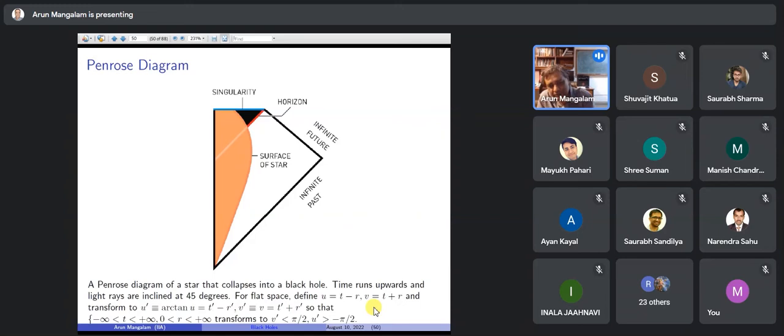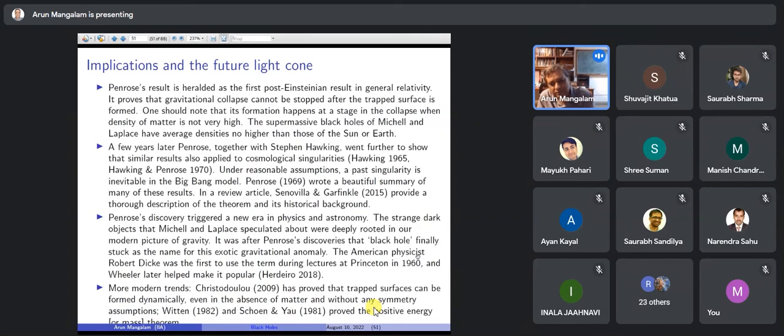This is Penrose's diagram. Without getting into the various details, Penrose's result is regarded as the first post-Einsteinian result in general relativity. It proves that gravitational collapse cannot be stopped after a trapped surface is formed.